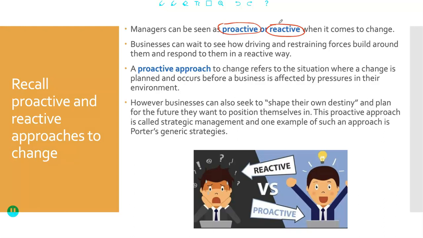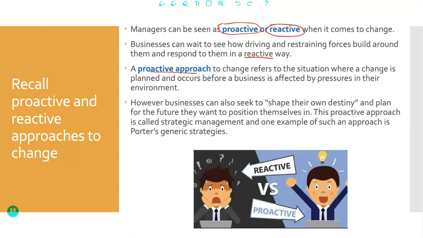This can often be because of the driving and restraining forces, but businesses that wait to see how driving and restraining forces build around them and then respond, we would say that they are acting reactively. Now, being more proactive is the preferred way a business acts. It means they won't be impacted by negative situations because they're going to change prior to this.